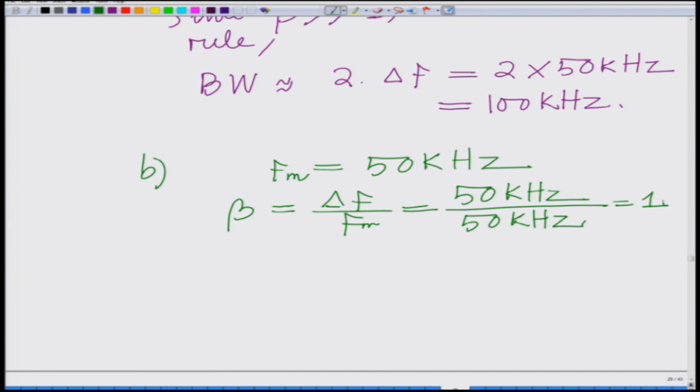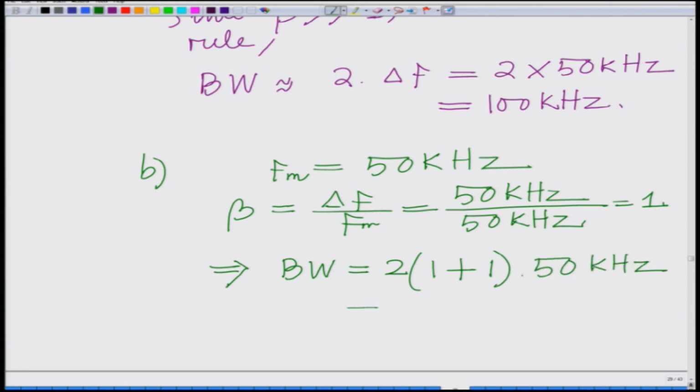So, in this case beta is exactly 1. So, we cannot use the approximation, which means the bandwidth is twice (1 plus 1 over beta, which is 1) into delta F, which is 50 kilohertz, which is basically twice into 2, that is 4 times 50 kilohertz, equal to 200 kilohertz. So, the bandwidth is basically 200 kilohertz.